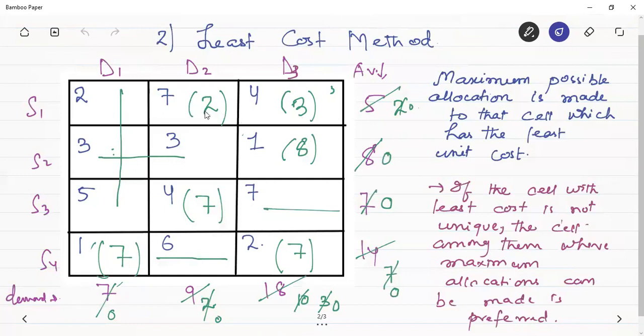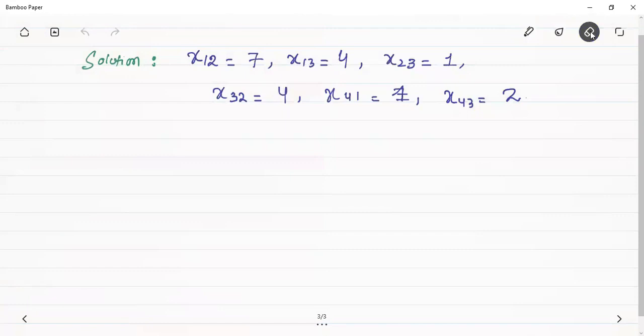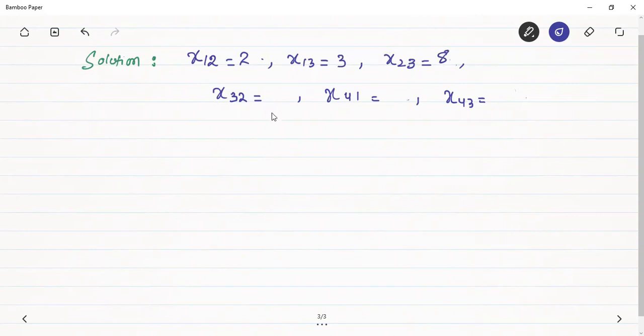Let me correct it. This is 2, this is 3, this is 8, the rest are 7. So this is the solution.